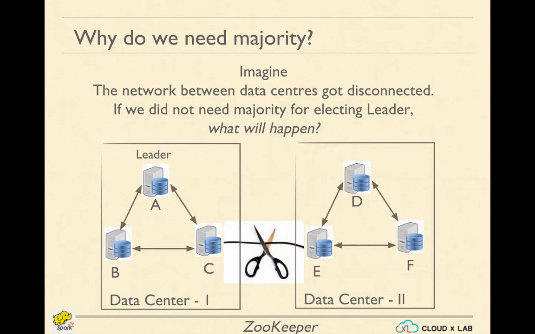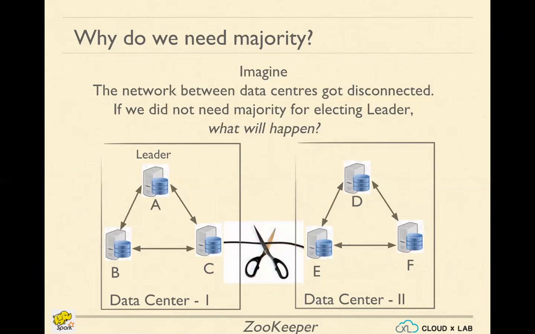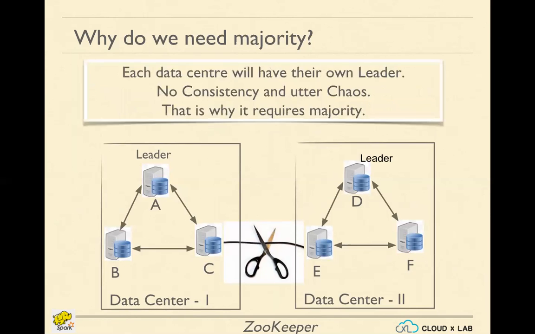What would happen is that both data center 1 and data center 2, since all of the nodes are running fine, could hold an election, and there will be two leaders. Correct, Manu. There will be two leaders, and these two leaders will start accepting changes on both data centers, data center 1 being in India and data center 2 being in New York.